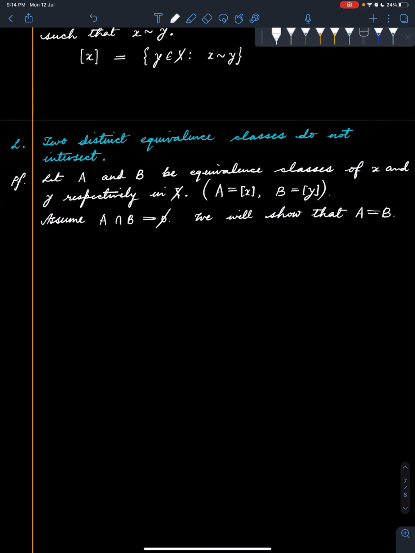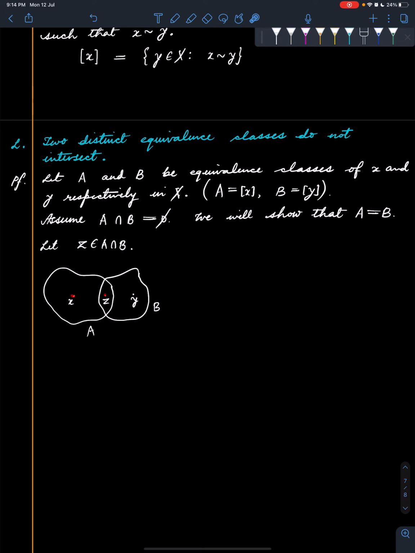Okay, so let Z be in A intersection B. Since A intersection B is non-empty, we can pick an element in the intersection. So this is your A, this is B, let's say this is X, this is Z, and this is Y. So since Z is in the equivalence class of X, we have X is related to Z by definition of equivalence class.